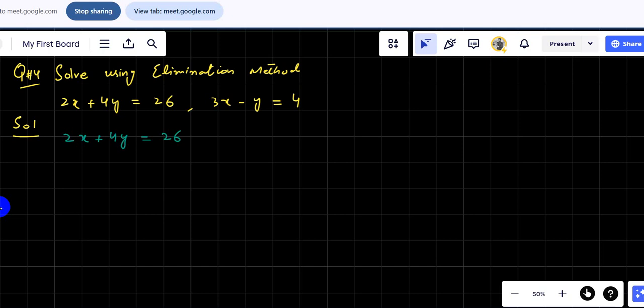Yeah. So this is the first equation, and here is the second. Perfect. So how can I simplify it?